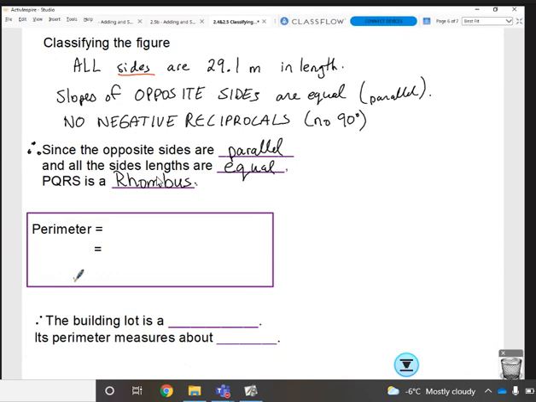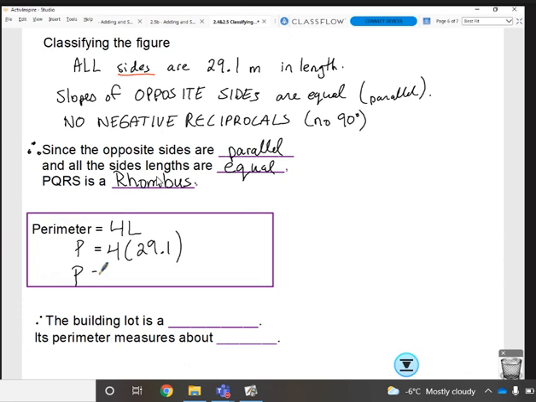Now the perimeter of this thing is, well, P equals 4 times the length. So we say perimeter equals 4 times 29.1. Going right to my calculator. Oh, there it is. 116.